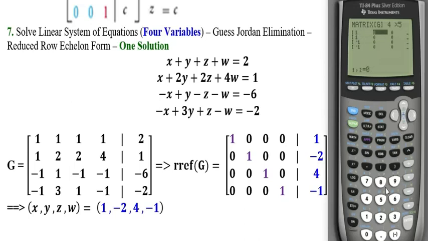For y we have 1, 2, 1, 3. For z we have 1, 2, minus 1, 1.